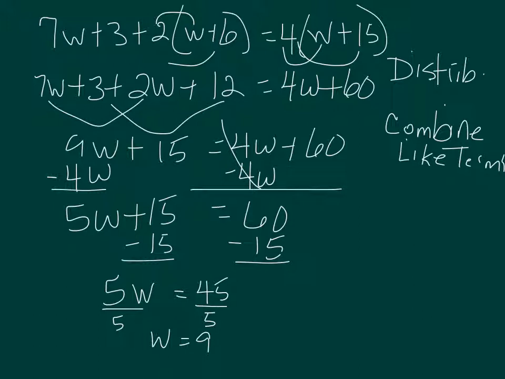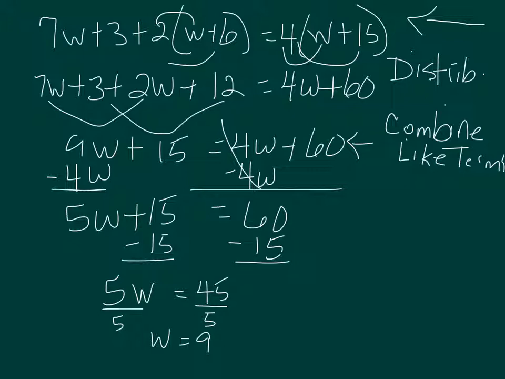Now, I am not going to go back to my 5w plus 15 equals 60, nor am I going to go to the 9w plus 15 equals 4w plus 60 right here. I'm going to go all the way back to my very original equation. That's what I need to do to check.